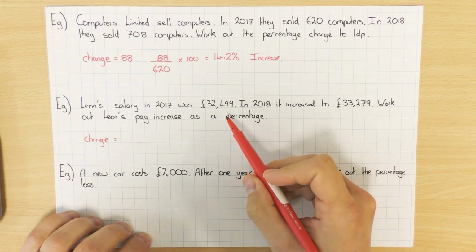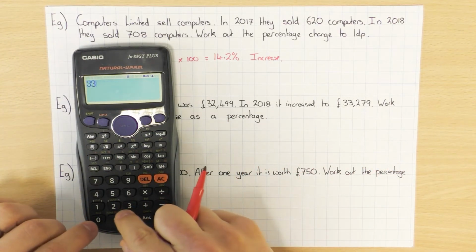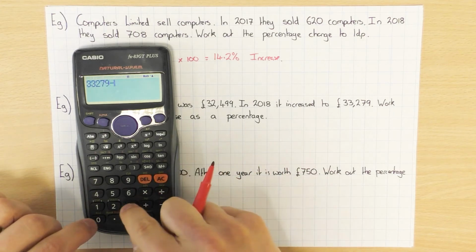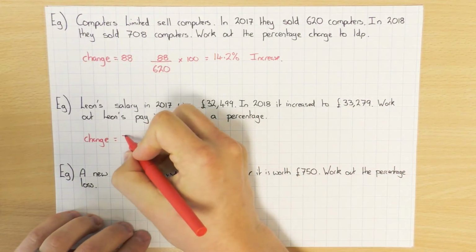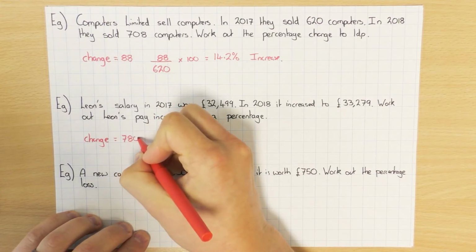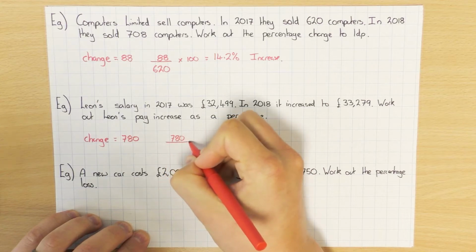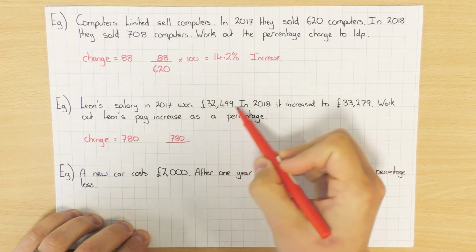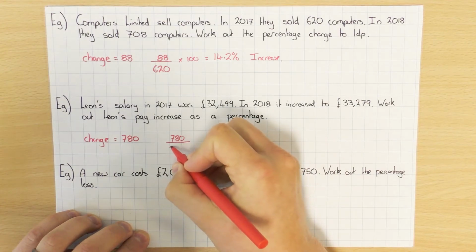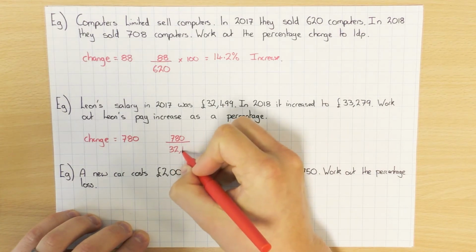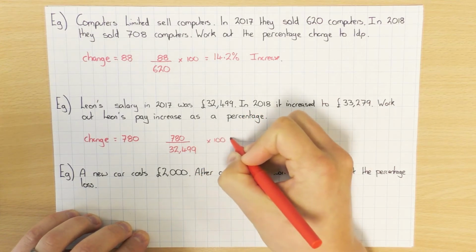So that is, I might just cheat here to save me making a mistake. So 33,279 minus 32,499, 780. Yeah. So the change is 780. So 780, I divide that by the original, where the wages were 32,499 before any change happened. So that's going to be my original. I'll then times that by 100.